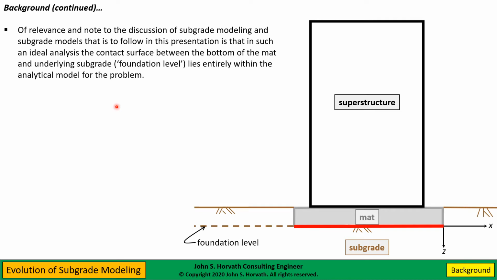But in this ideal analysis, the one thing I do want to highlight is that the contact surface between the mat and the subgrade, the underside of the mat, the top of the subgrade, what we refer to colloquially as foundation level. Notice that this planar interface is entirely within the ideal model that I'm talking about here.